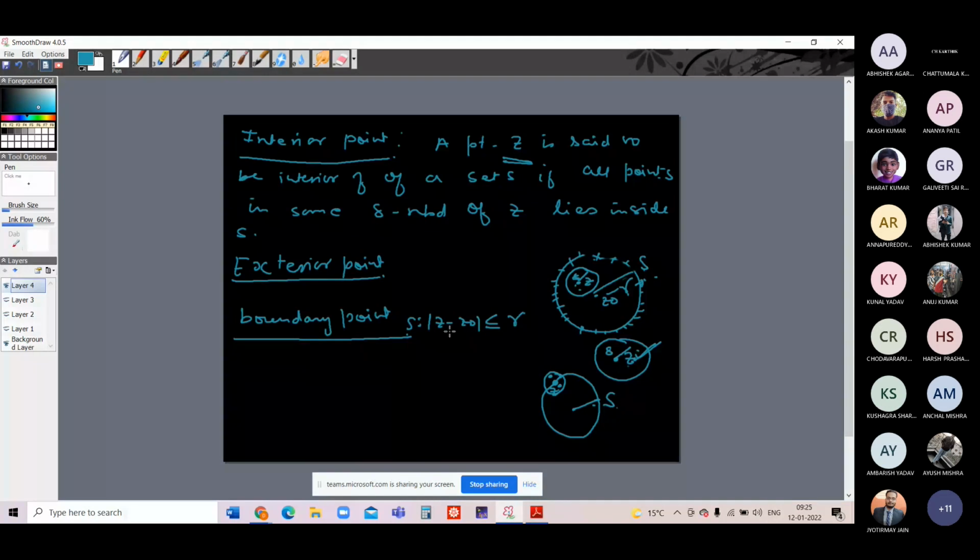So a point Z is called a boundary point of the set if every delta neighborhood of this Z contains at least one point of this S and at least one point which lies outside of this S.